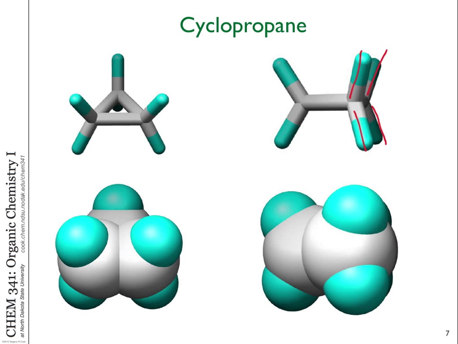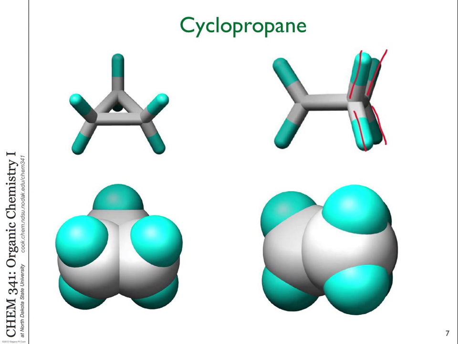Those 3 carbons have to be on a single plane, right? So this carbon-hydrogen bond and this carbon-hydrogen bond are completely eclipsed. So that's why cyclopropane has such high extra energy to the molecule, because there's no way to alleviate or release any of that torsional strain by moving or rotating. So it's stuck in that one conformation. It's the only conformation available to it.